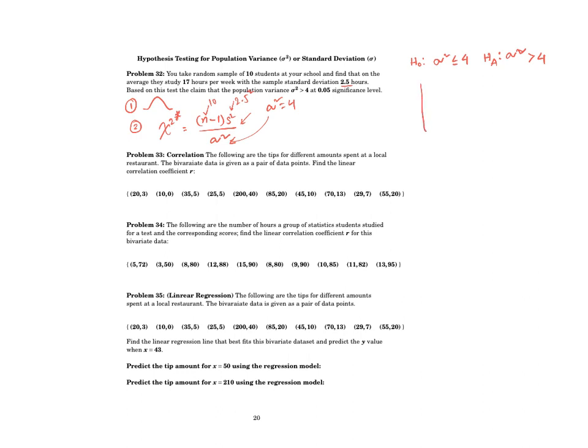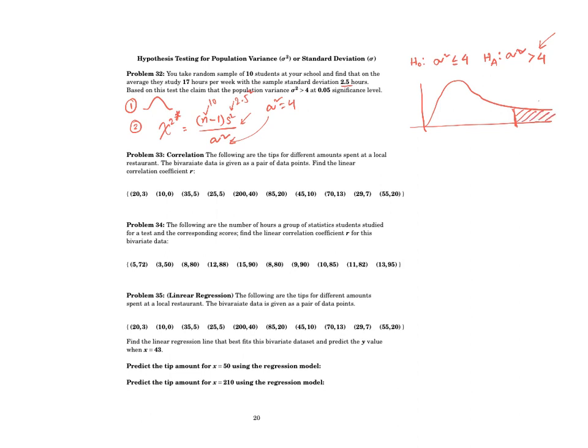Now you need to find the critical region. Are we considering left tail or right tail? Look, this is greater than, so we are looking at the right tail.